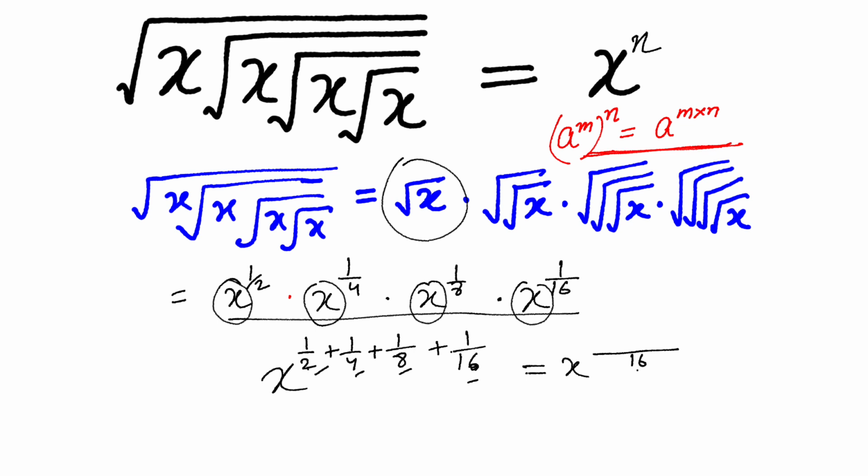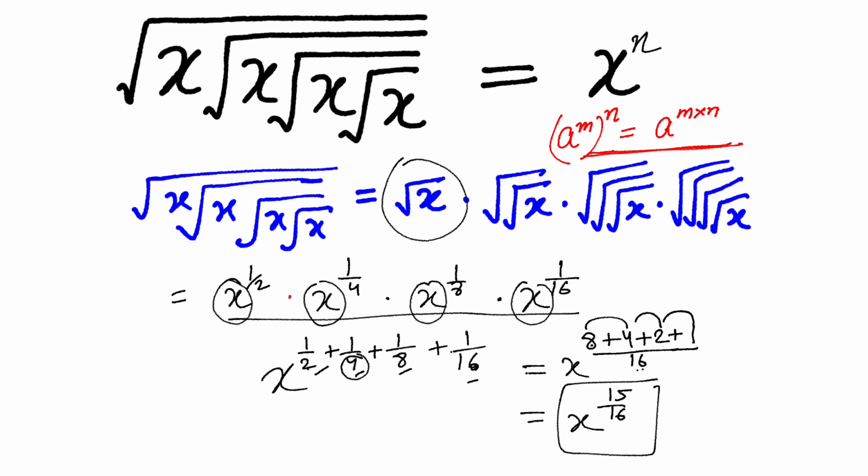So 16 divided by 2 becomes 8, 16 divided by 4 becomes 4, 16 divided by 8 becomes 2, 16 divided by 16 becomes 1. And once we add, we find that 8, 4, 12, 12 to 14, 14 plus 1, 15, 15 by 16. And hence, we find the same value that we found using the formula. Thank you for watching.